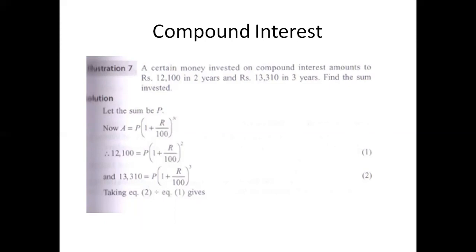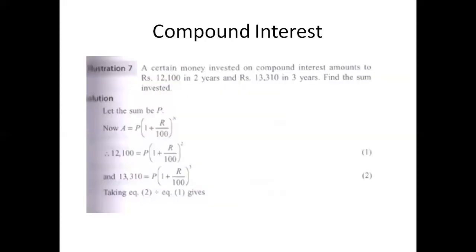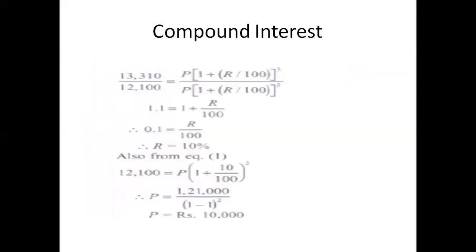So we divide equation 2 by equation 1, that is we divide 13,310 by 12,100, and we divide P into 1 plus R by 100 whole cube by P into 1 plus R by 100 whole square. We get 13,310 divided by 12,100, that is we divide equation 2 left hand and right hand side both, is equal to P into 1 plus R by 100 whole cube by P into 1 plus R by 100 whole square.